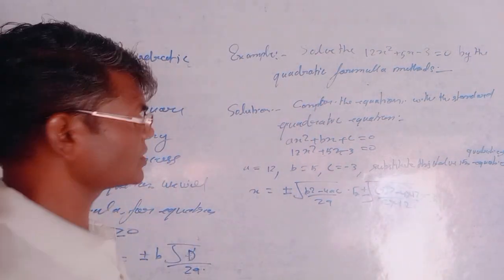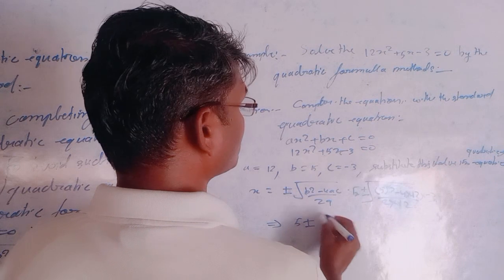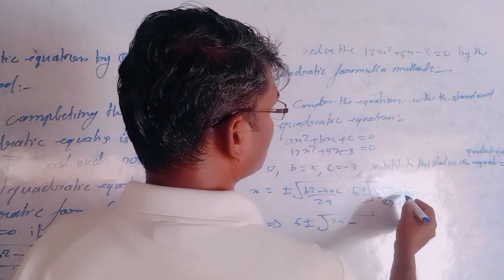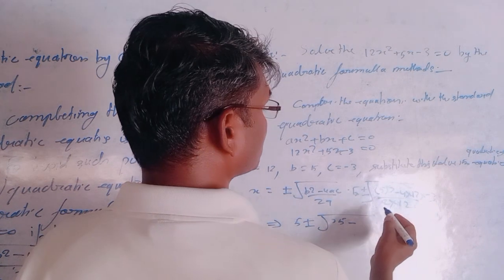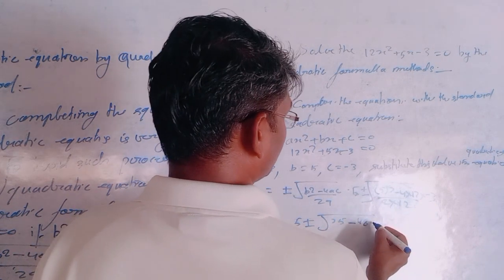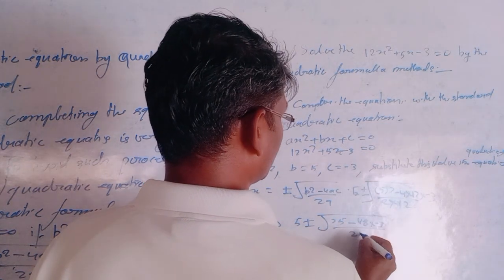Now minus 5 plus minus under root 25 minus 48 into minus 3, by 24.